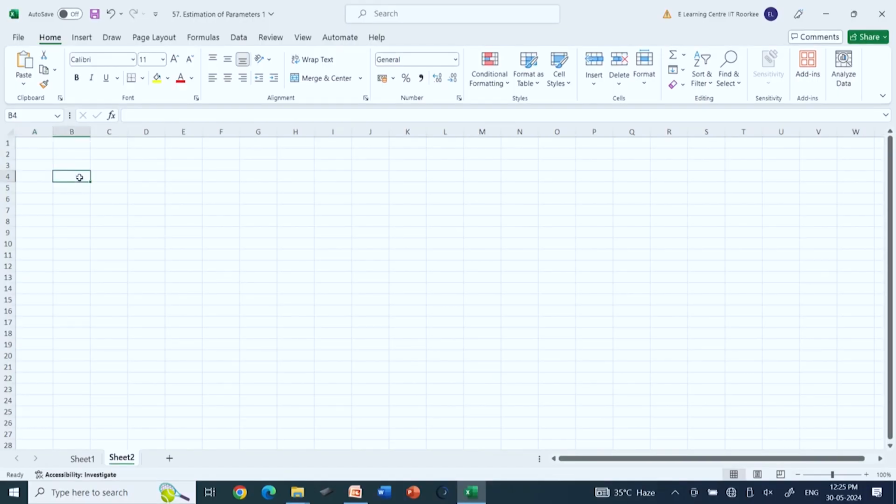So, I have the x value and the y value. The x values are 2, 4, 6, 8, 10, 12, 14, 16, 18, 20 and 22.